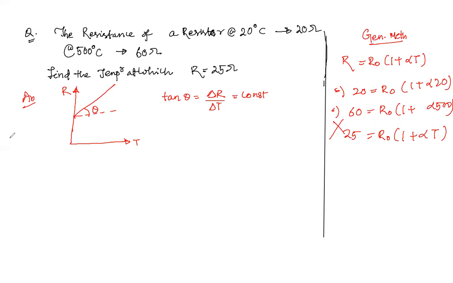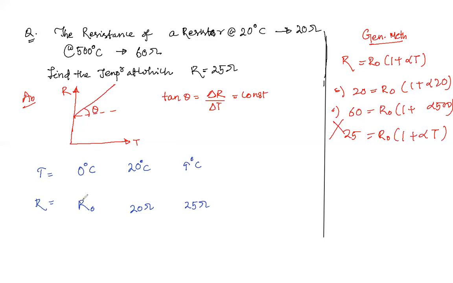In the first column, I'm going to write T, and in the second one, I'm going to write R. Here it is 0 degree centigrade and R naught, then 20 degree and 20 ohm, then T degree centigrade and 25 ohm, because it is linearly increasing. Why am I writing R naught here?